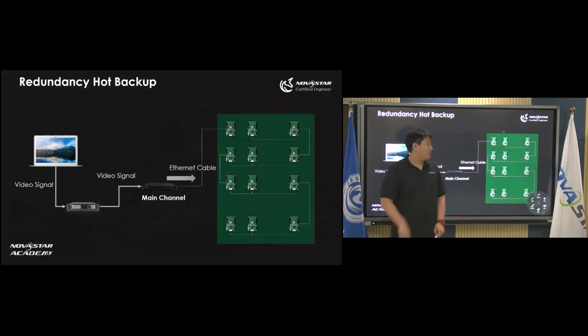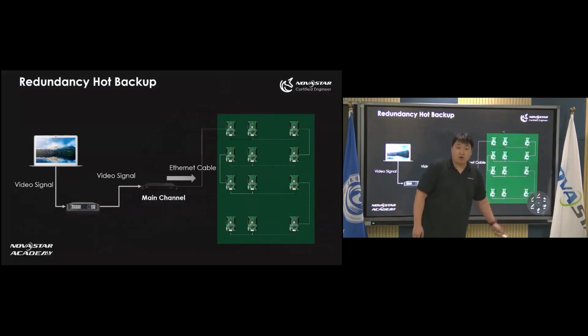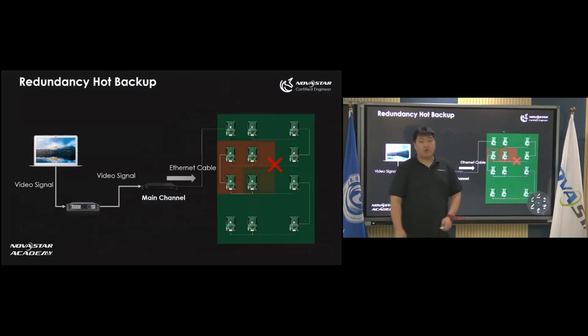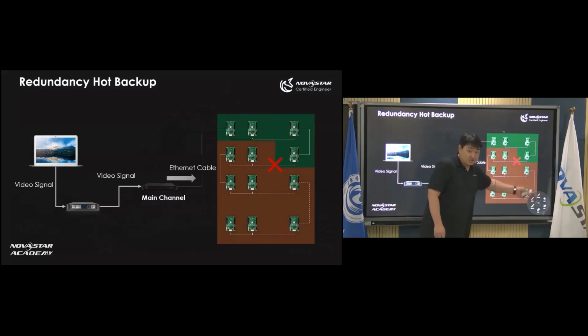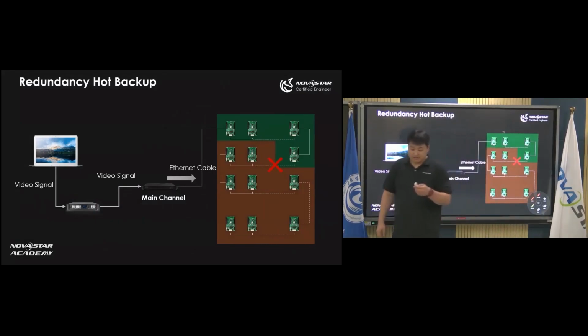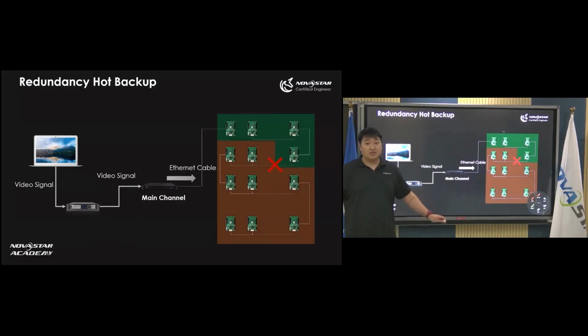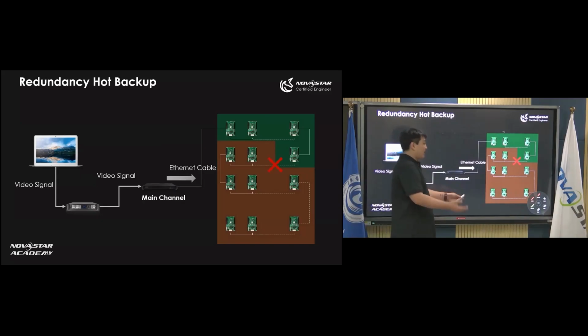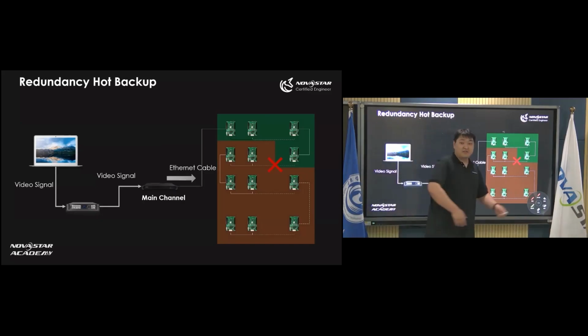It's working now. The Ethernet cable is the weakest part in the whole system. Once it's broken or cracked, you get a blank screen. A blank screen is not really a big deal, but the big deal is maybe you cannot collect the money, right?